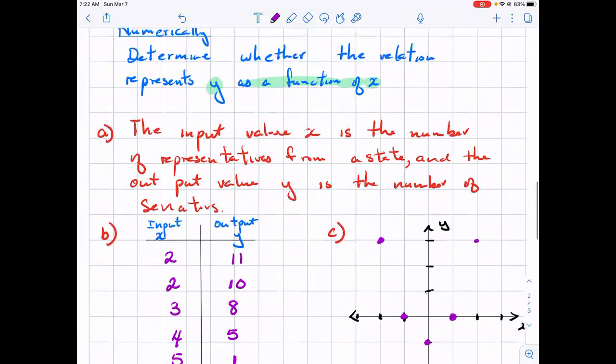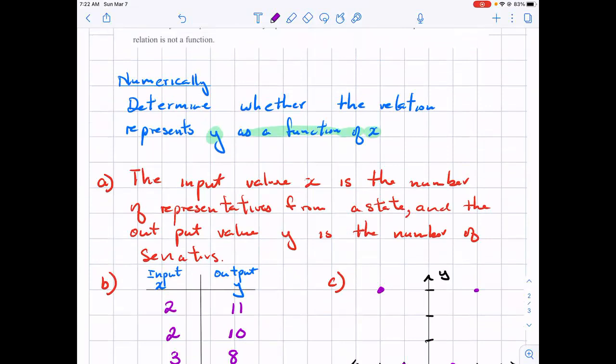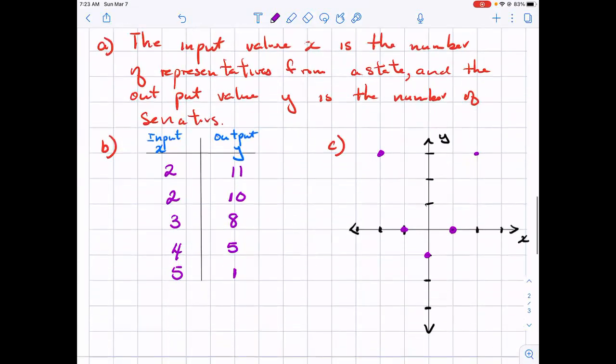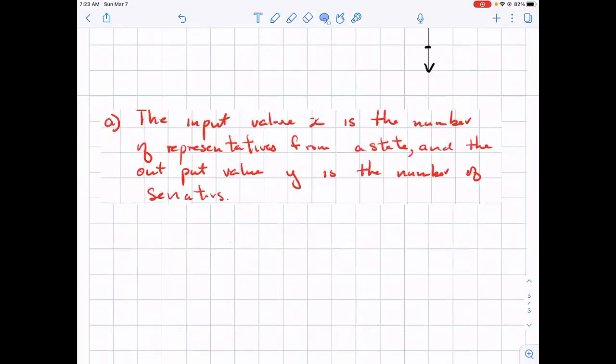So let's look at these 3 examples, right? Determine whether the relationship represents y as a function of x. Now, the first one for part A, if we look at this scenario here. So in this example, the input x is the number of representatives from a state, and the output value y is the number of senators.